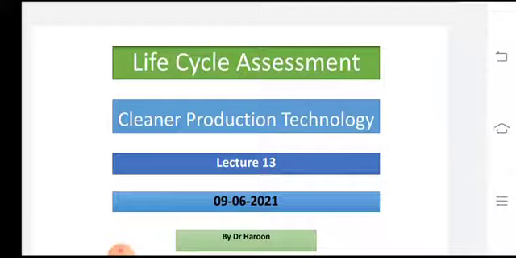Today we will be focusing on life cycle assessment: what it actually means, what it describes, what it covers. Basically, in any industry, when we are going to design a specific product, or provide some specific services, there is an opportunity to determine the environmental performance of that product or that service.